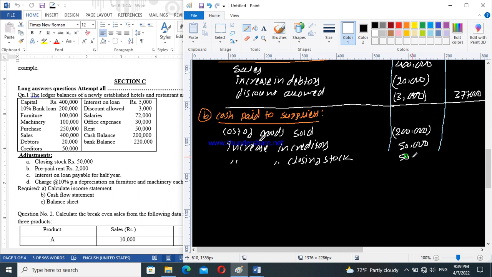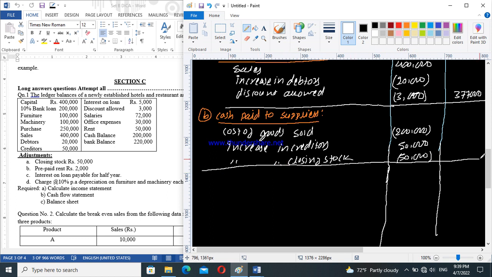Closing stock 50,000. When the assets increase, the value is negative. The summation value of paid to suppliers is 2 lakh, negative. Okay, move on. Next topic.